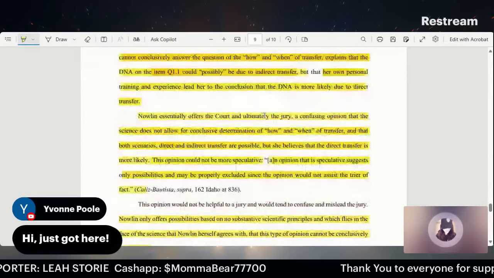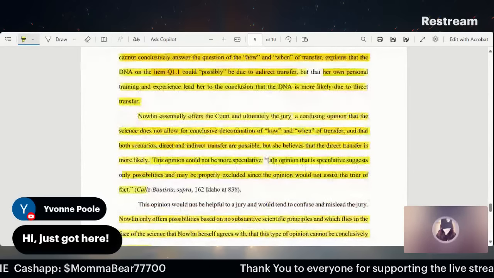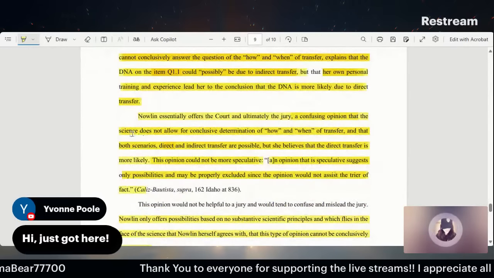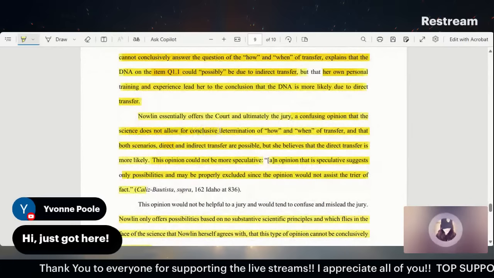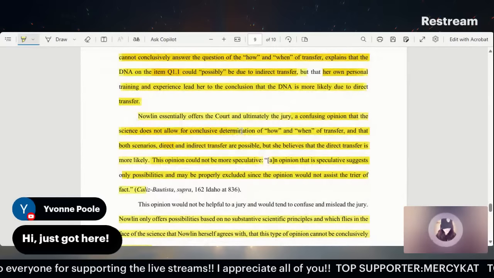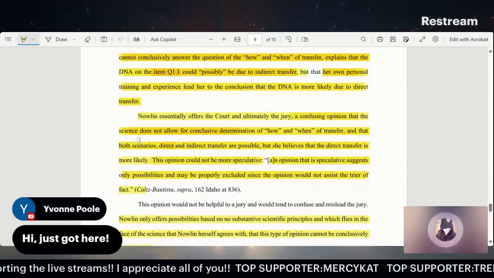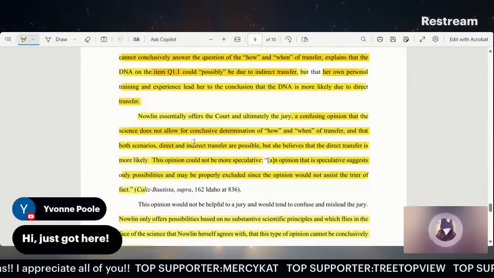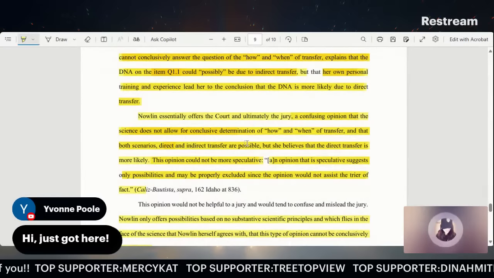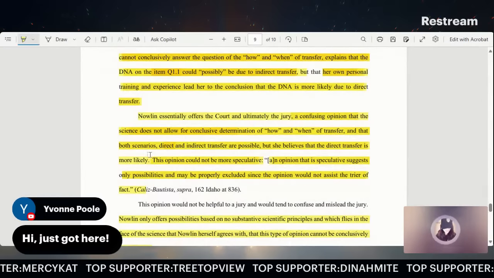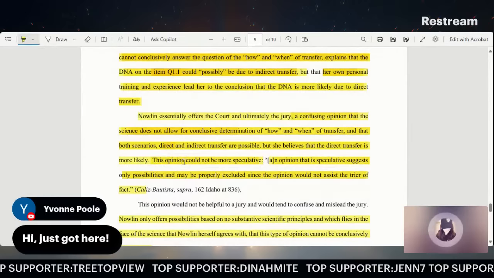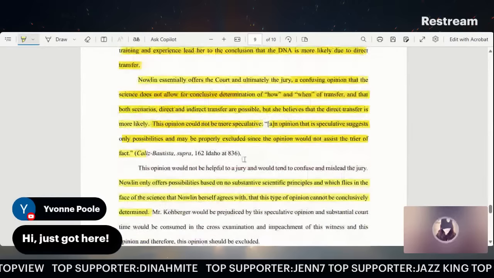Nowlin essentially offers the court and ultimately the jury a confusing opinion that the science does not allow for conclusive determination of how and when of transfer, and that both scenarios, direct and indirect transfer, are possible, but she believes that the direct transfer is more likely. This opinion could not be more speculative.